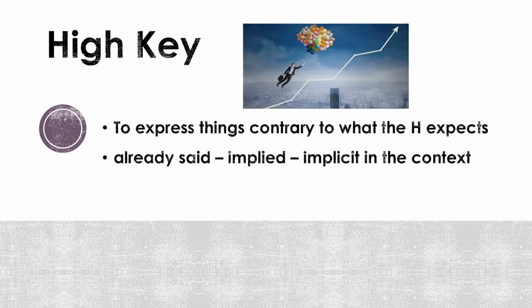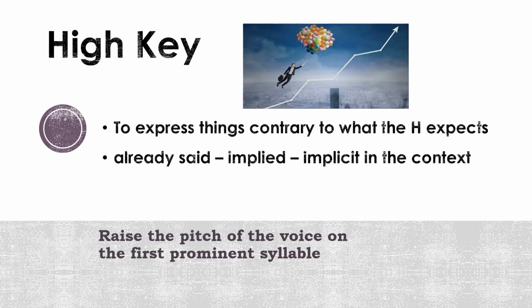So it's contrary to what the hearer expects. And again, this contrast may be by something that has been said, or is something that is also implied or implicit in the context. How do we express high key? Again, by raising the pitch of the voice on the onset syllable, which is another word for the first prominent syllable.